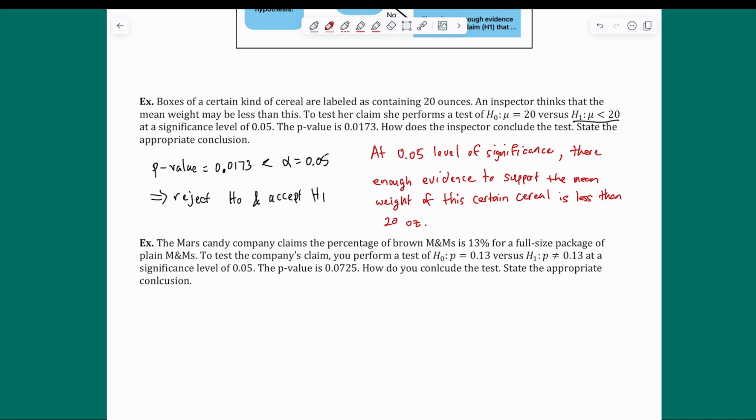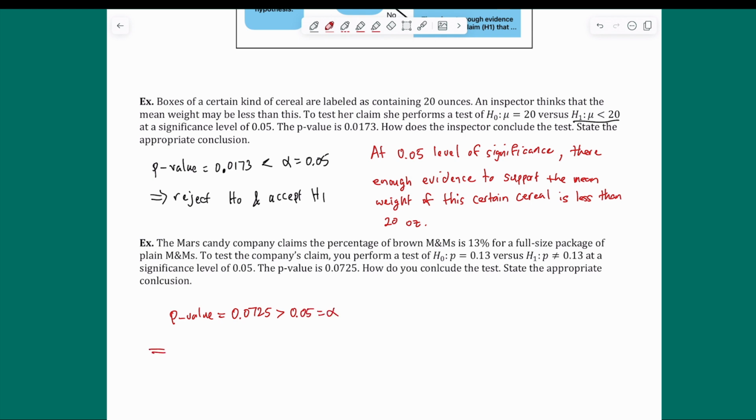The p-value is 0.0725. How do you conclude the test? State the appropriate conclusion. All right, so we can see that the p-value is equal to 0.0725, and this is actually greater than 0.05, which is your significance level alpha.